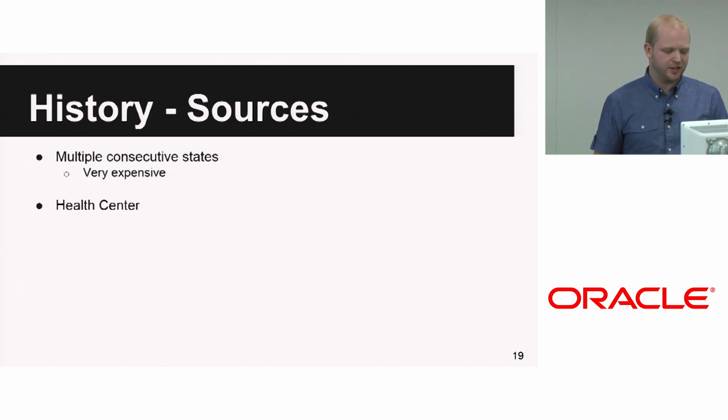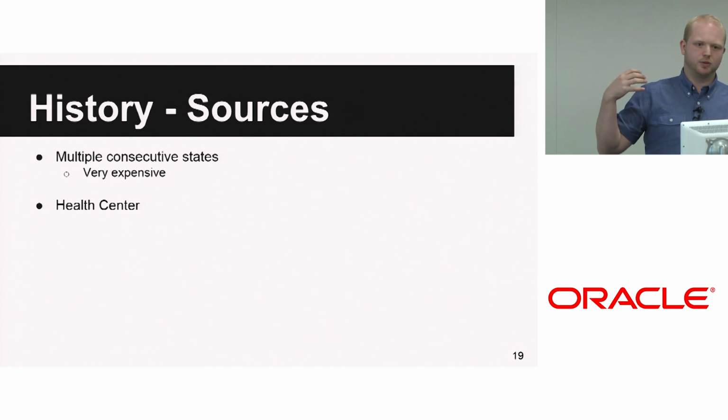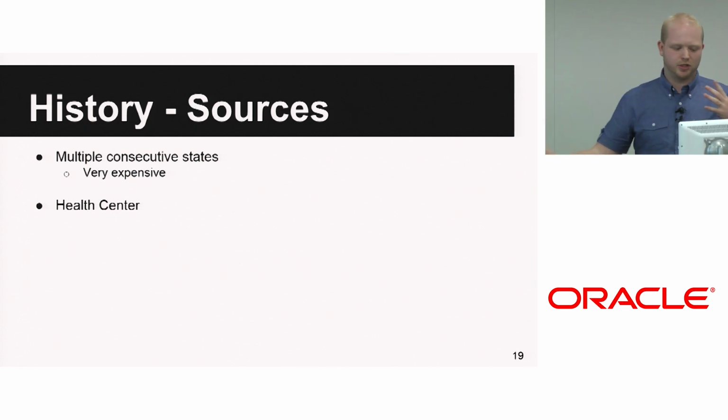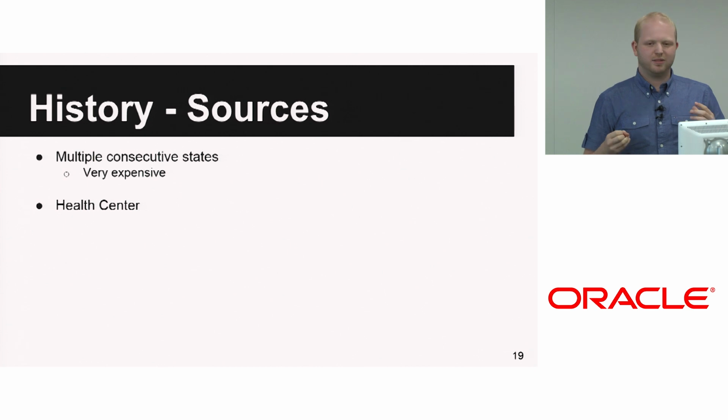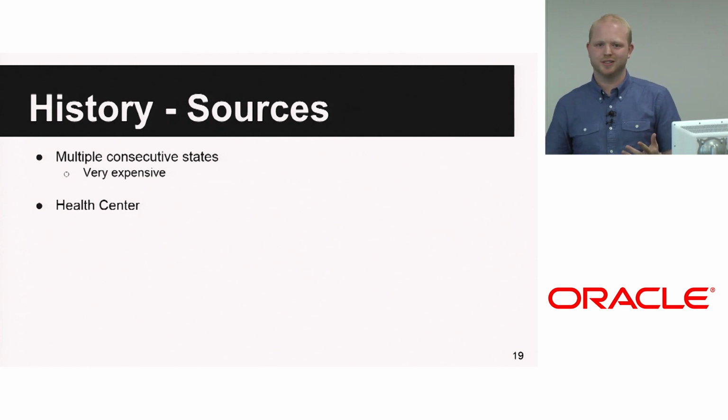Another thing is Health Center. It's for our JVM. We are able to feed out live information about how many threads you're running, how much memory you're using, CPU usage, and all of that stuff. But first of all, what happens if your application crashes, or when the JVM crashes?